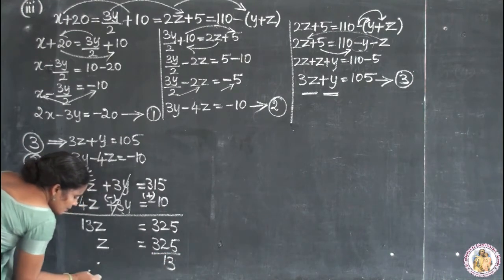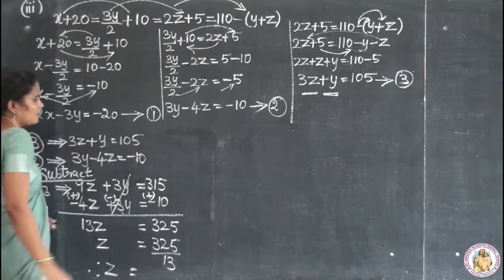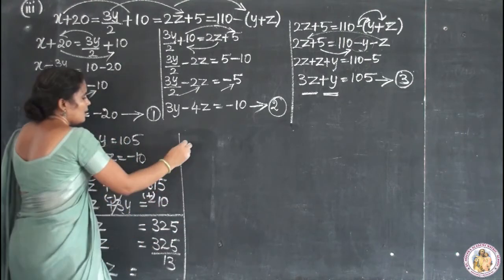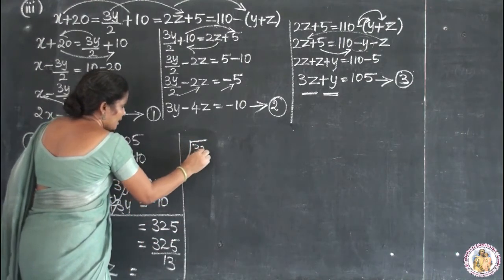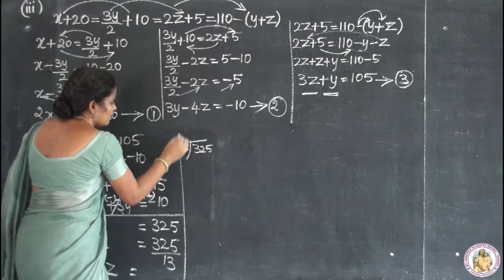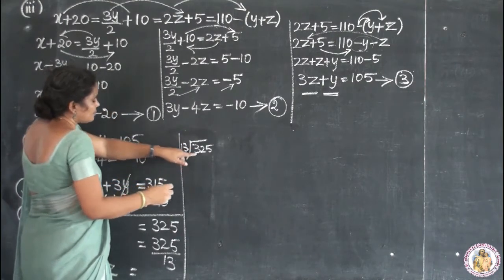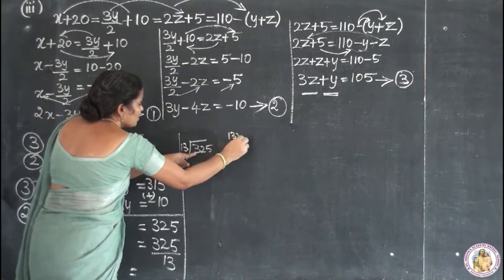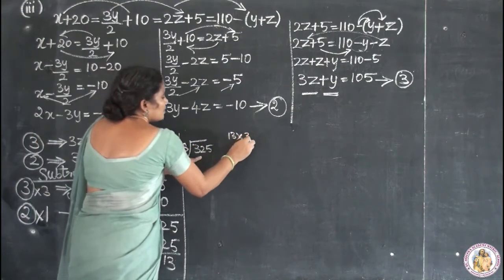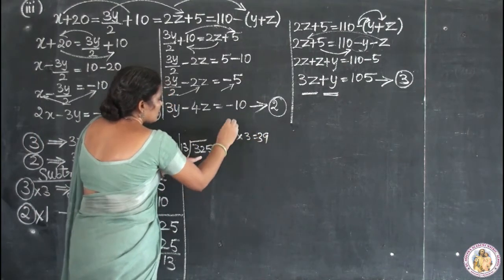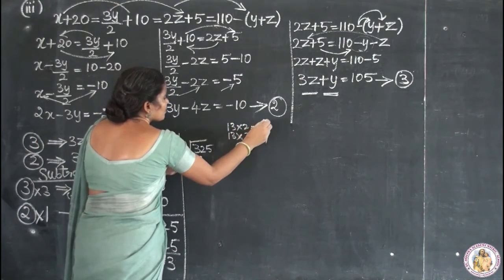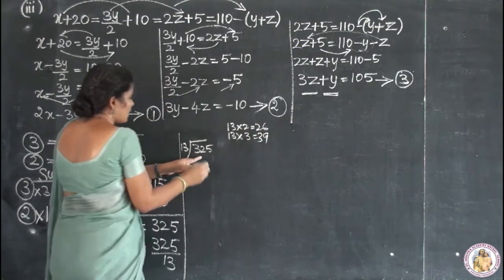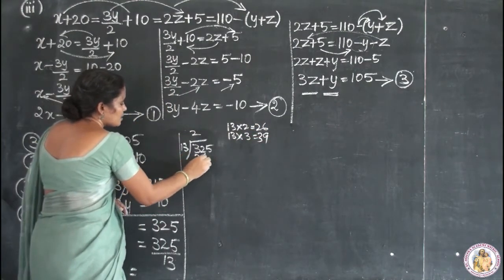Therefore, z is equal to, and you can divide 325 by 13. 13 into 2 is 26. 13 into 2, 26.